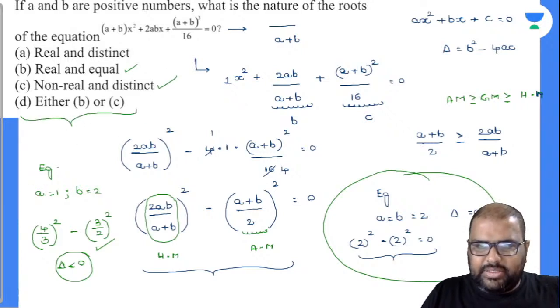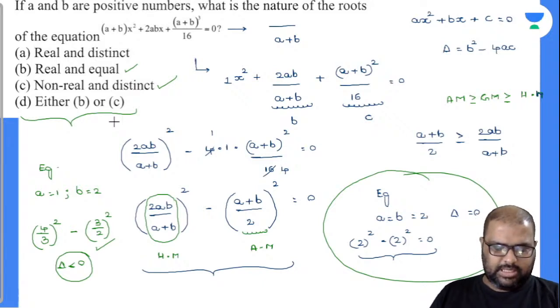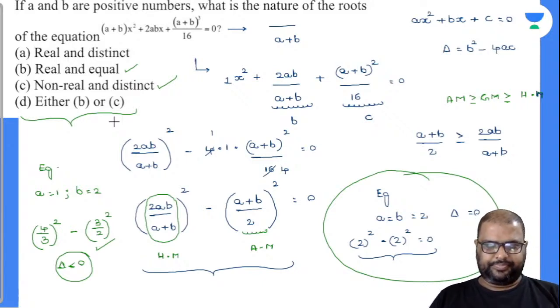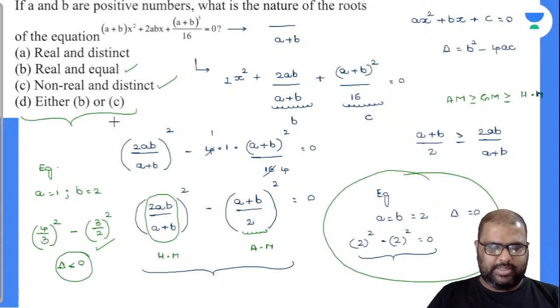Delta equal to 0 means real and equal. Delta less than 0 means non-real, distinct, conjugate roots. So my D option is true.